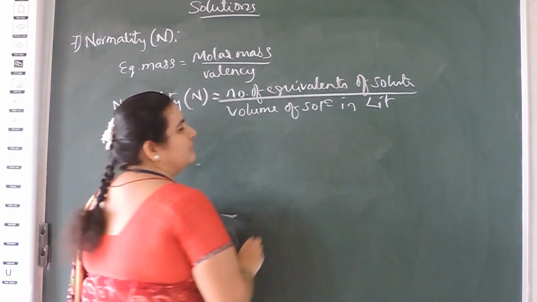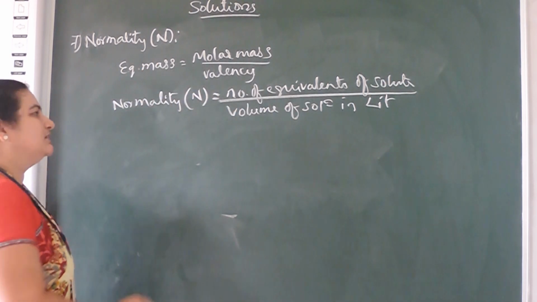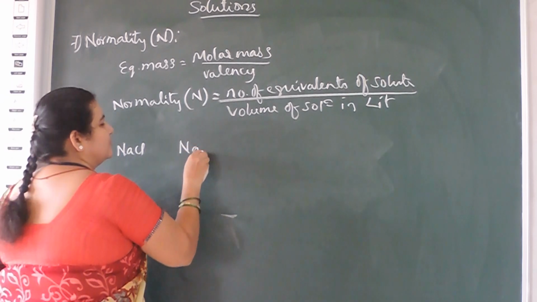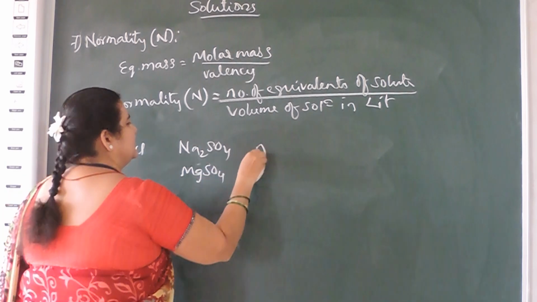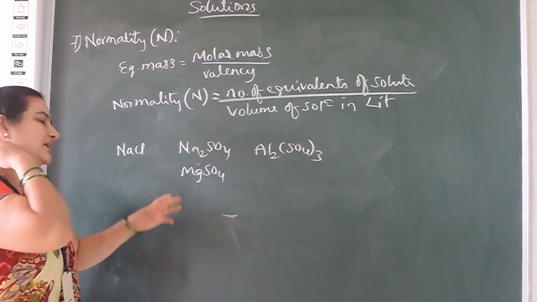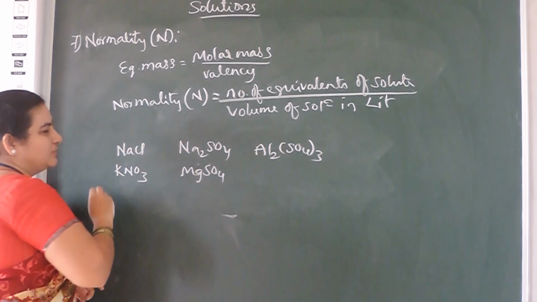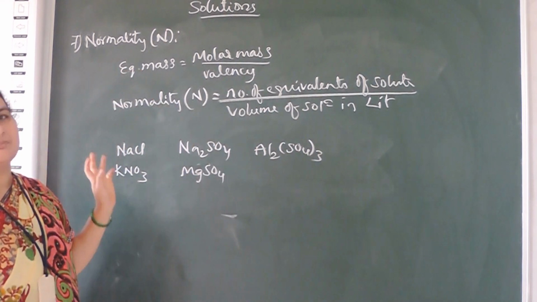Let me clarify the meaning of equivalent mass. I have compounds like NaCl, Na2SO4, MgSO4, Al2(SO4)3, and KNO3. These are some compounds to express the terms molar mass and equivalent mass.